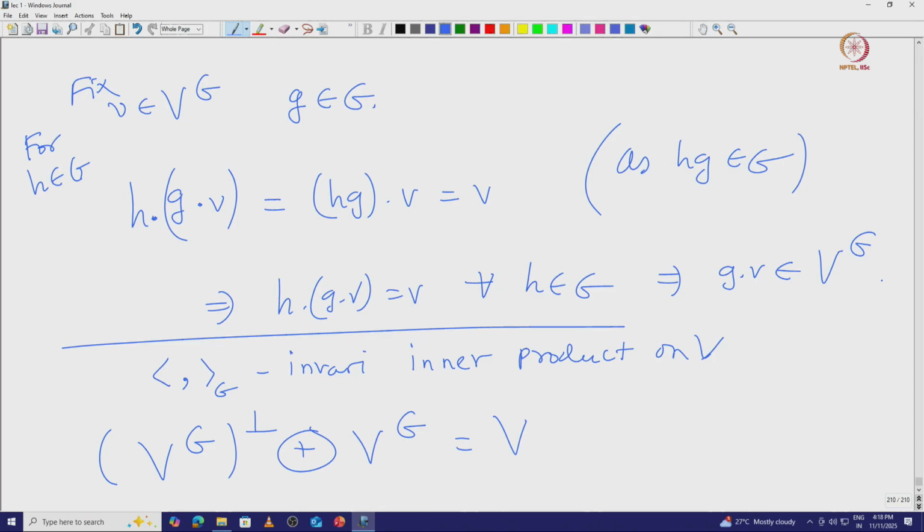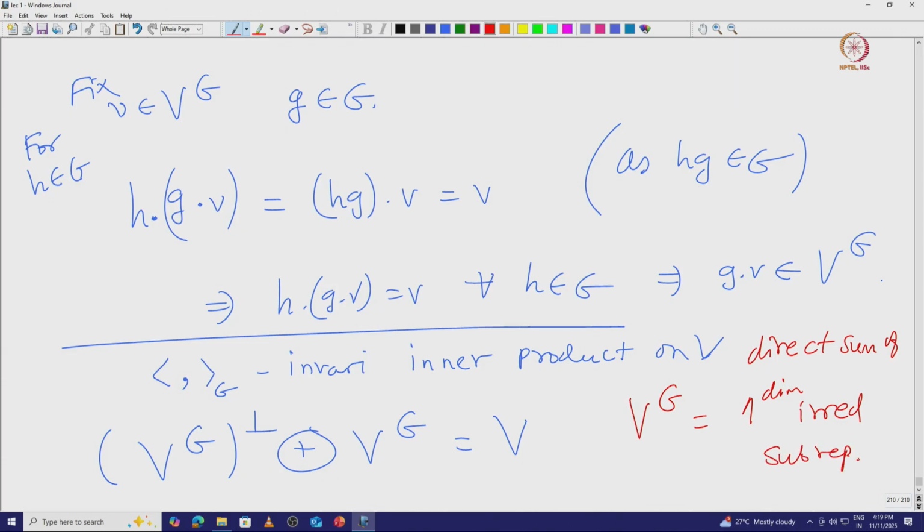Now, since the elements of the group G act as identity on this Vg, Vg as a representation can be decomposed into one dimensional irreducibles. So, this is a direct sum of one dimensional irreducible sub representations.